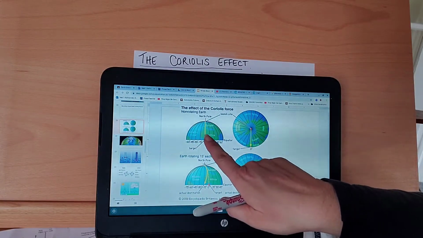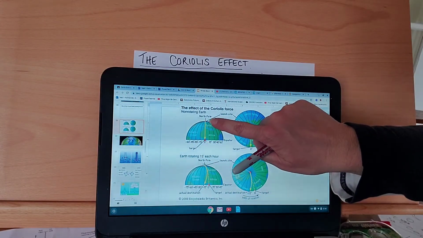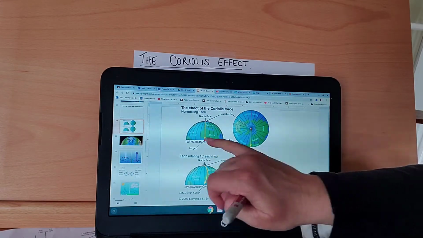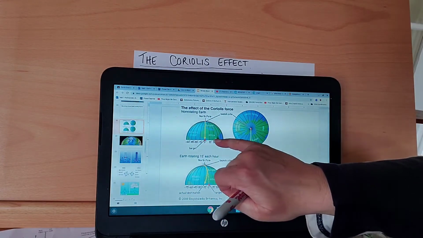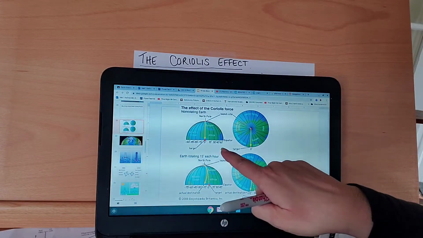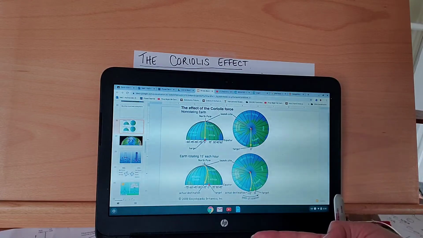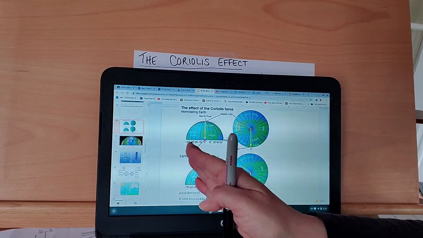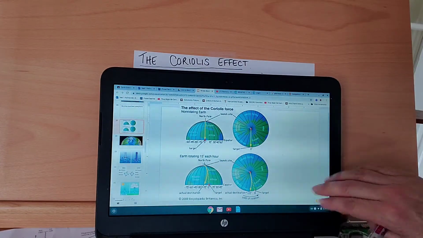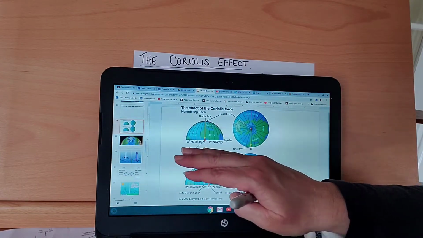On a non-rotating Earth, winds will blow from the North Pole in straight lines down towards the equator. Remember that this horizontal line is the equator. These numbers on here, I hope you recognize, are longitude. 15, 30, 45, 60 to the west, 15, 30, 45, 60 to the right. But they're just showing you the top half of the globe.